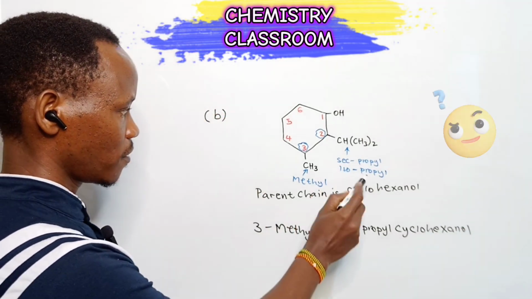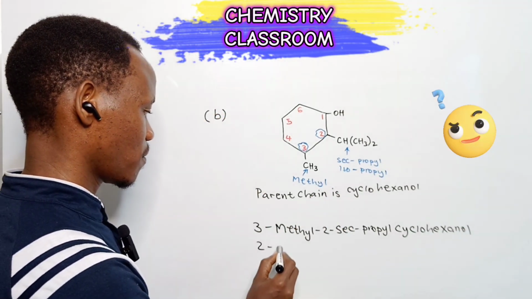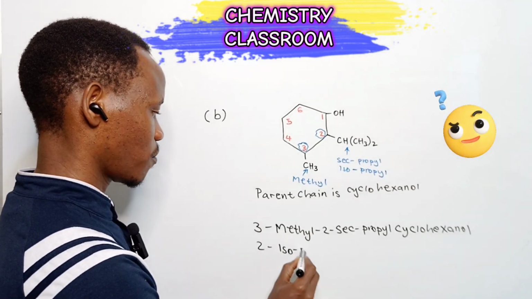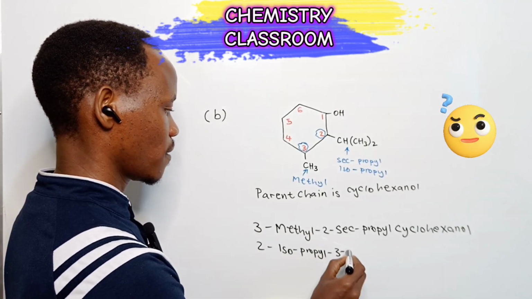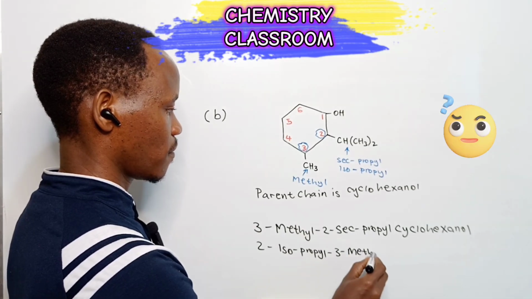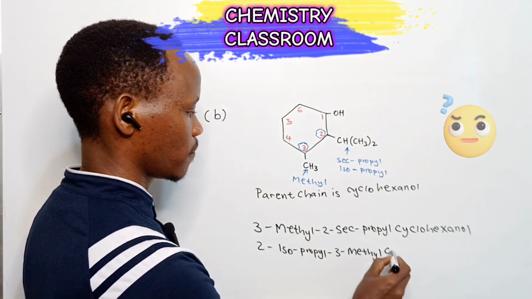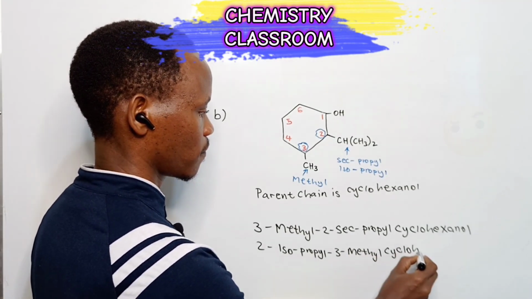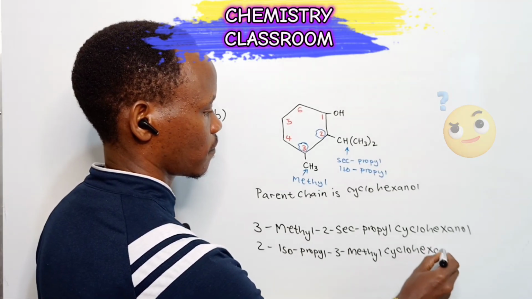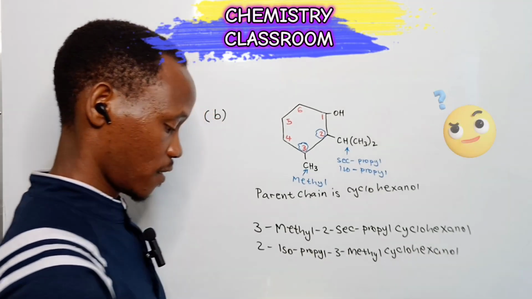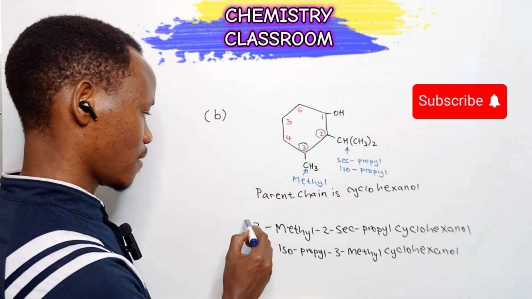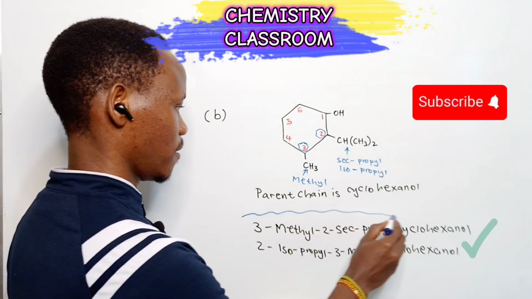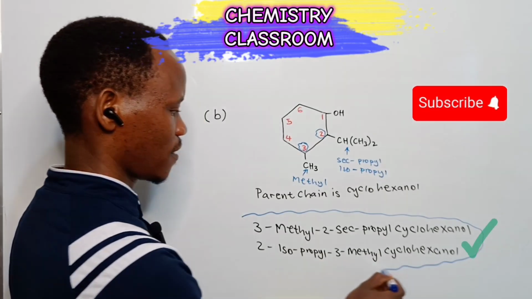Alternatively, the other name is 2-isopropyl, 3-methyl, cyclohexanol. In order to emphasize our answer, let me encircle it in blue ink.